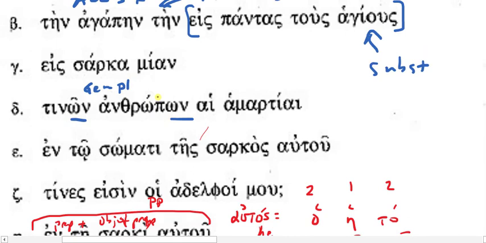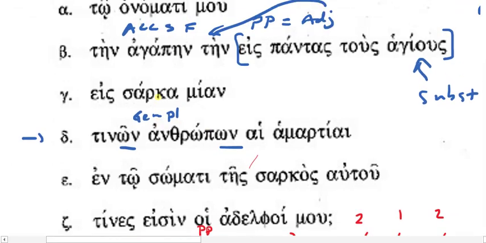If you look at gamma, by the way, this is a little bit tricksy. Master tricks us, as Gollum would say. Is this the word one in front of sarka mian? Is this one flesh, one? Oh, he's got a smooth breathing.